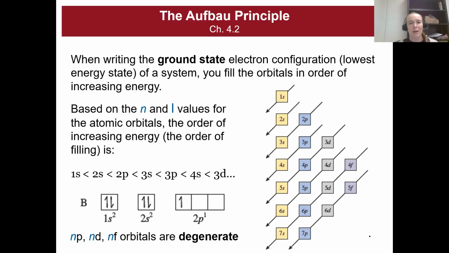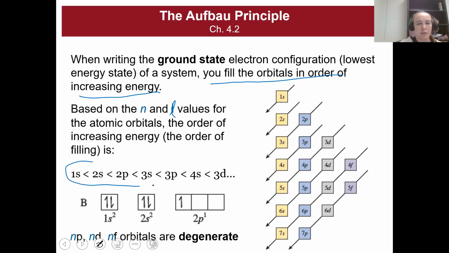So when writing the ground state electron configuration, you fill the orbitals in order of increasing energy. So this is where our n and l values come in. I didn't make that one a cursive l. So based on the n and l values for the atomic orbitals, the order of increasing energy, or the order of filling, we call it, is this.